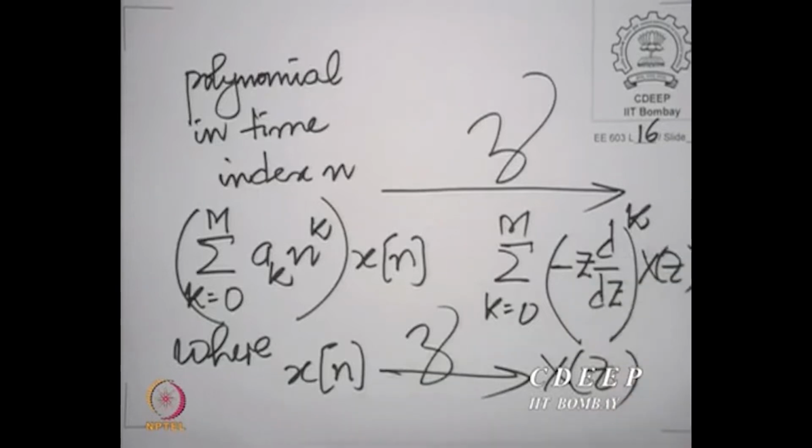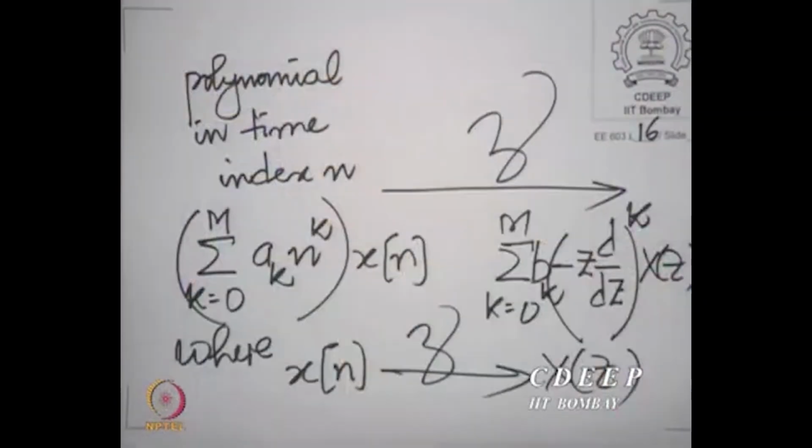Together this should be treated as an operator. For example, if k is equal to 2, you take the derivative with respect to z, multiply by minus z, then take the derivative again and multiply by minus z. So apply the whole operator minus z d/dz twice; that is how one should interpret it. This is multiplied by b_k, some constant.